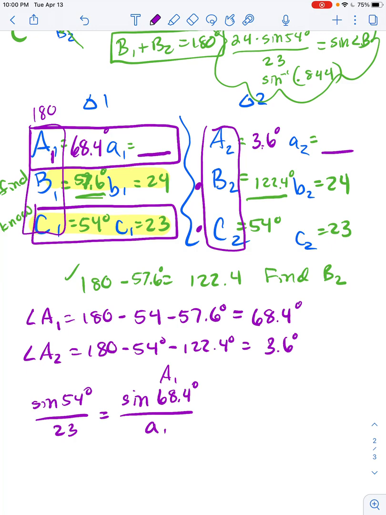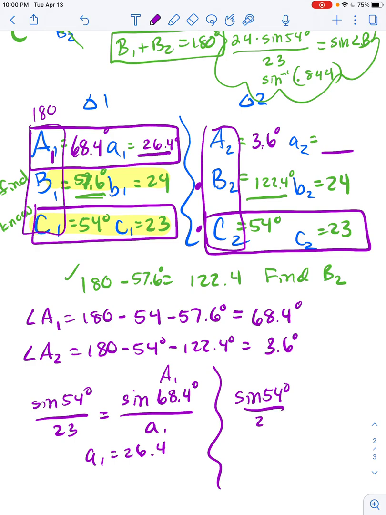I'm going to take 23, multiply it by sine 68.4, close that down, divide by the sine of 54, and I get a little a value for first option of 26.4.